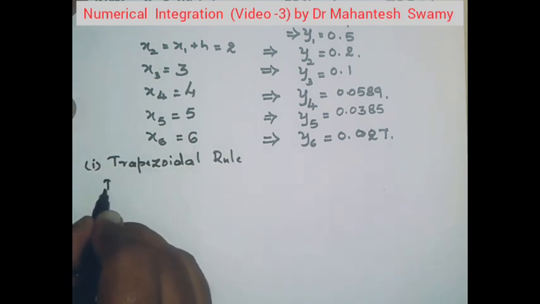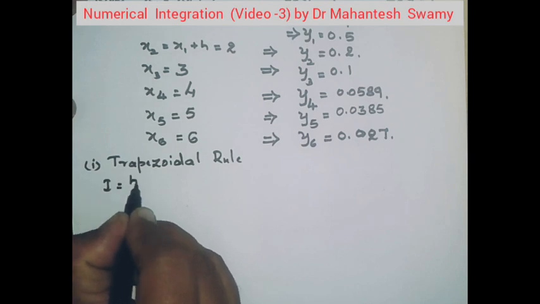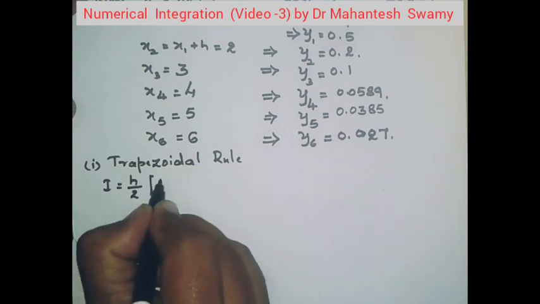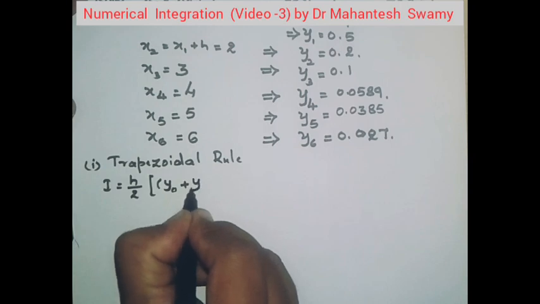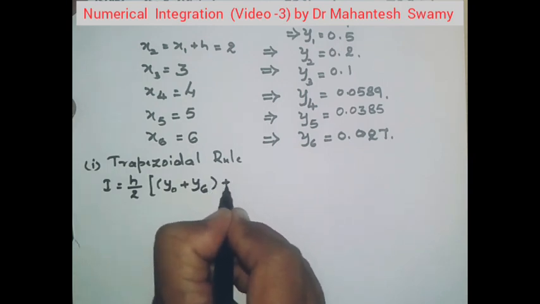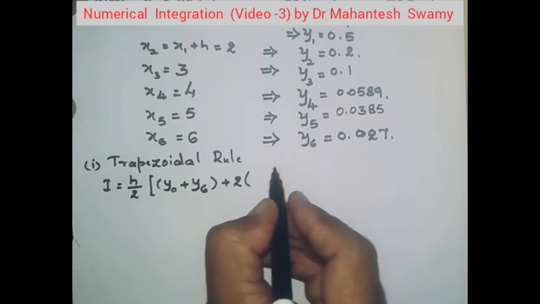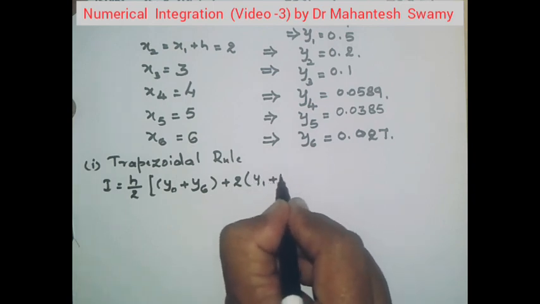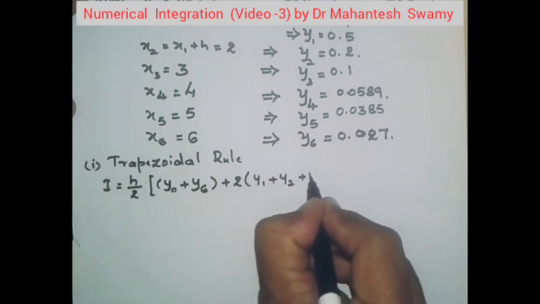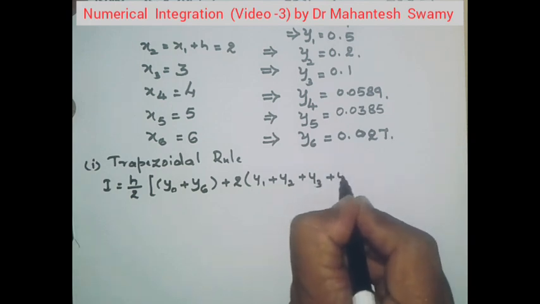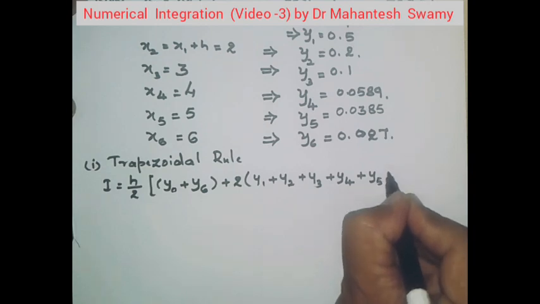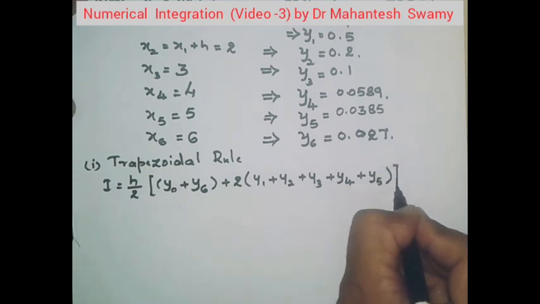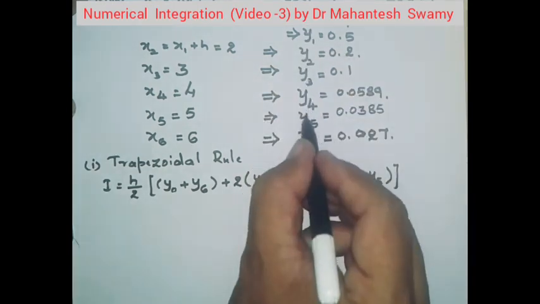The given integral I equals h by 2 into the bracket, the first value and the last value of y, plus 2 times all the remaining values, y1 plus y2 plus y3 plus y4 plus y5. That is, this is the last value, the last of the intermediate values.